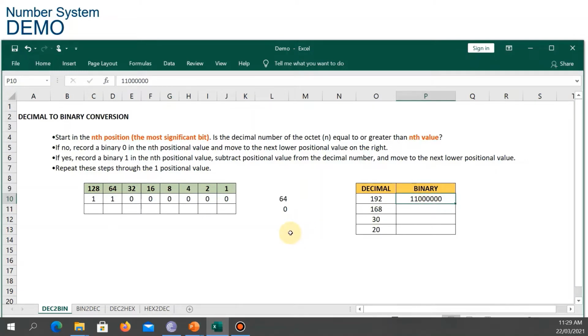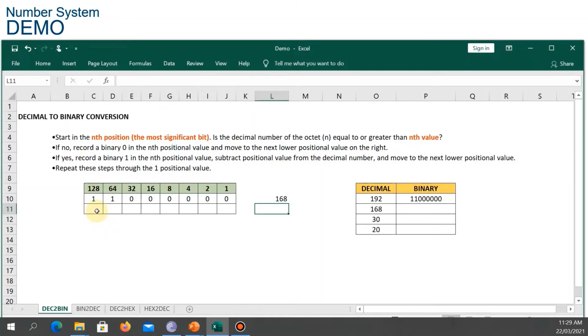All right, so let's apply that on the second example here. For instance, we have 168. So let's remove this and place 168 here. Following the algorithm, is 168 greater than or equal to the most significant value here, which is 128?